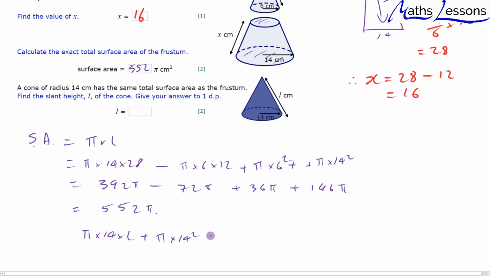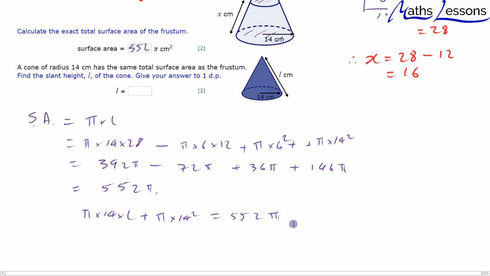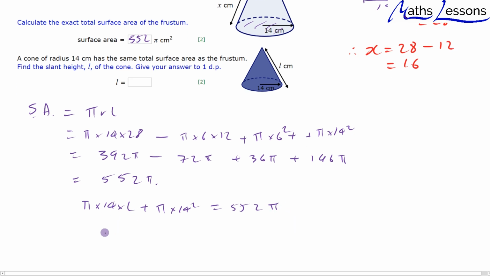And that's going to equal 552 pi. We can cancel out the pi straight away, since we've got a factor of pi throughout. That leaves us with 14L plus 196 equals 552. So therefore L will equal 552 minus 196, over 14.